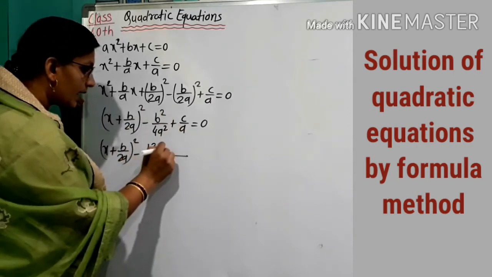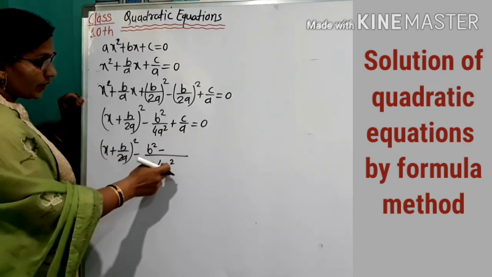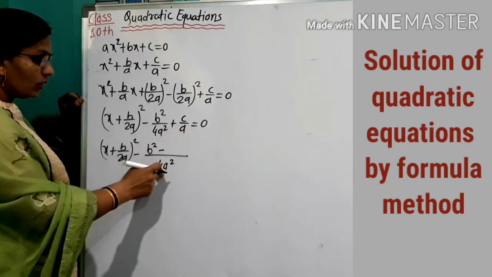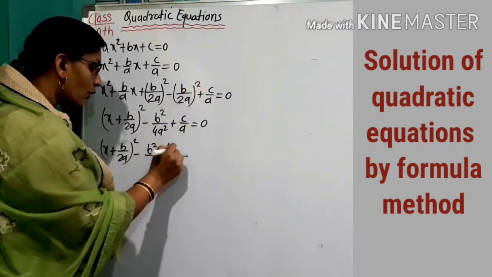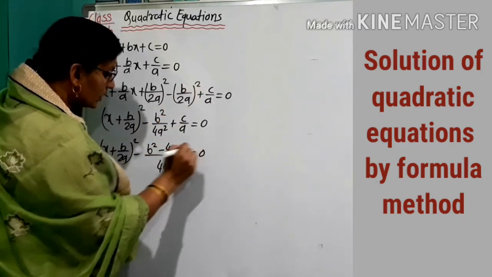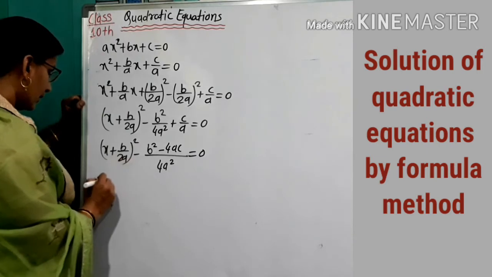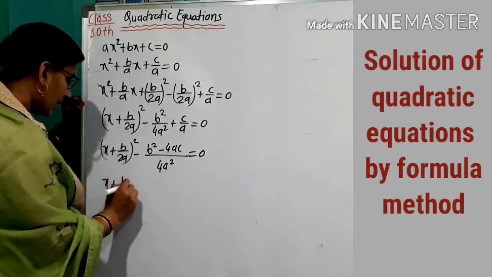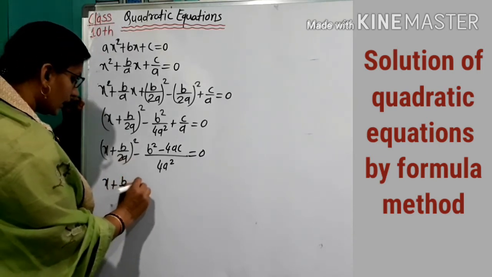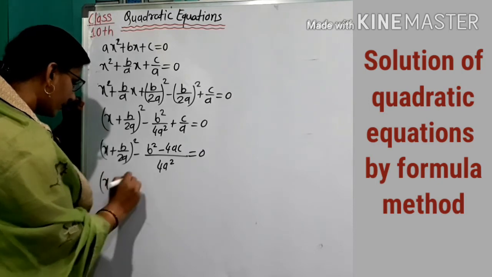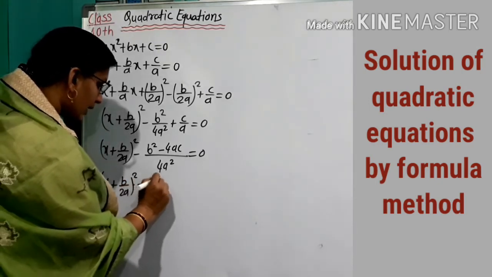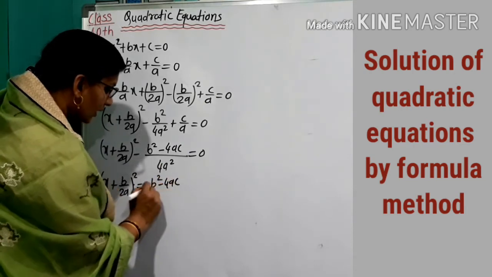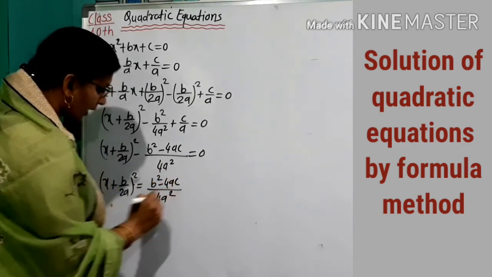So here minus, divide 4a square by a, so we have 4a. 4a into c, that is 4ac, equal to 0. And therefore (x plus b upon 2a) whole square is equal to b square minus 4ac upon 4a square.